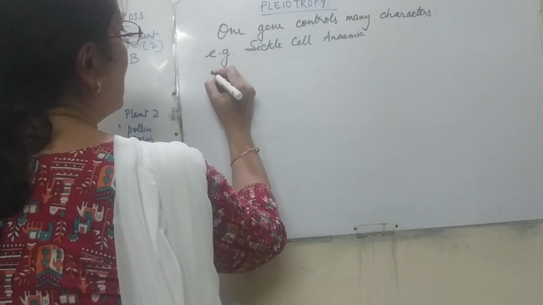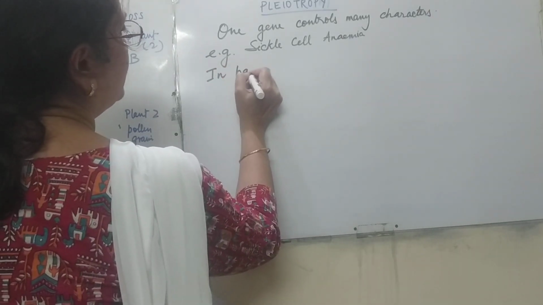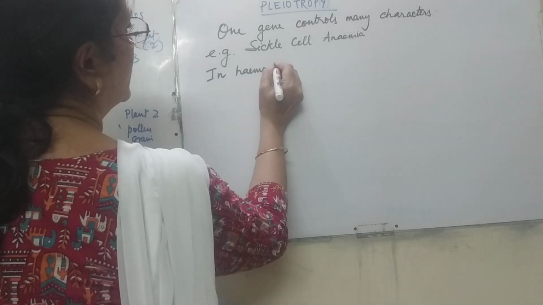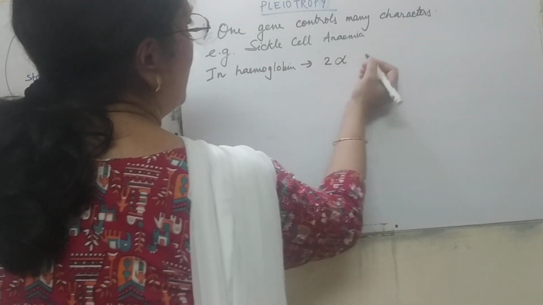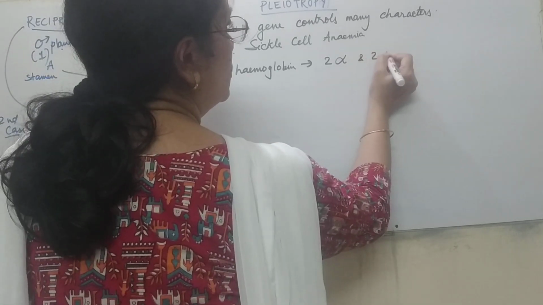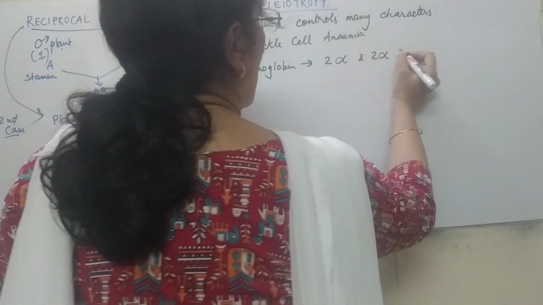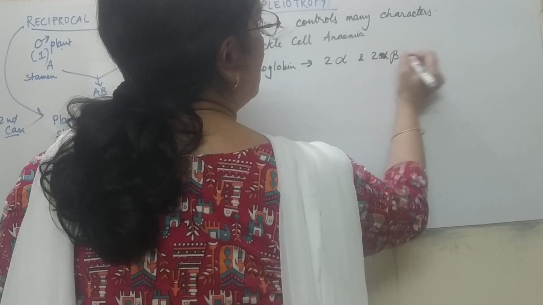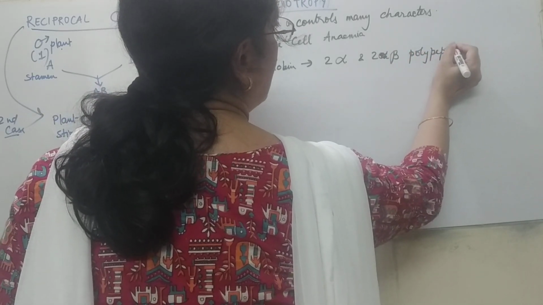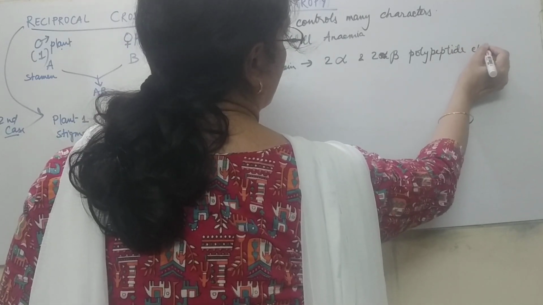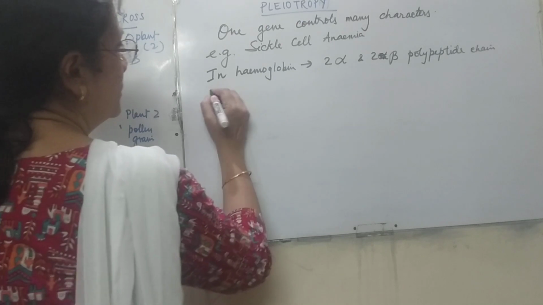So remember, in hemoglobin there are two alpha and two beta polypeptide chains.